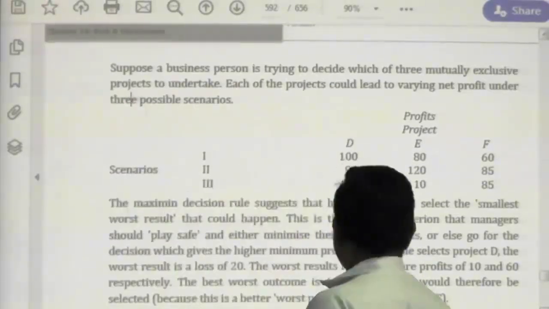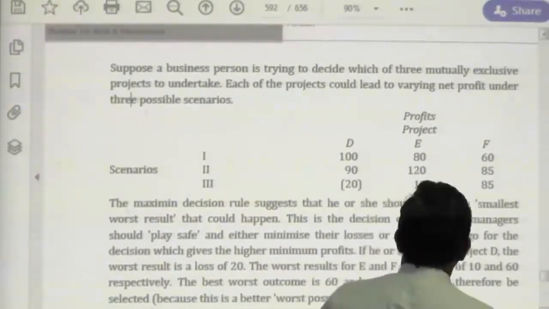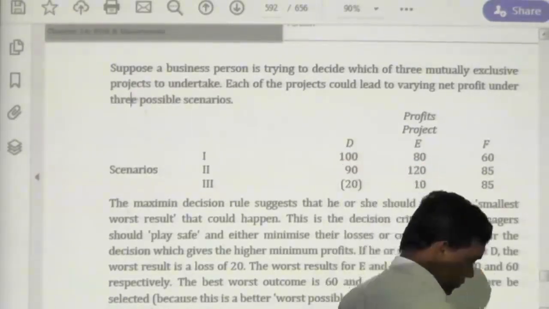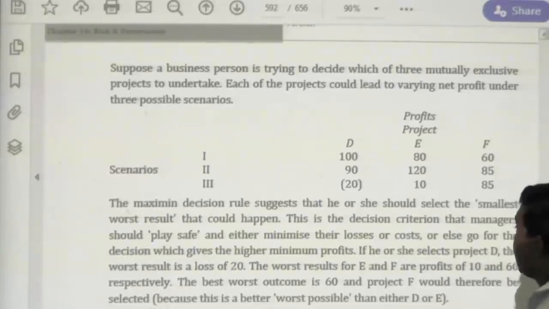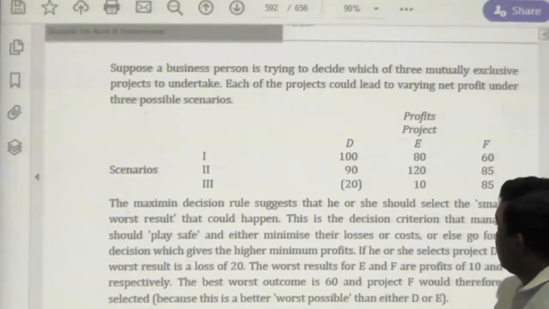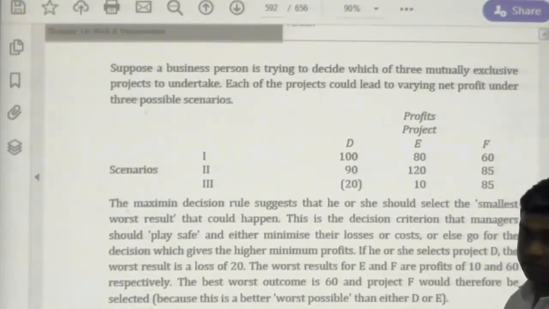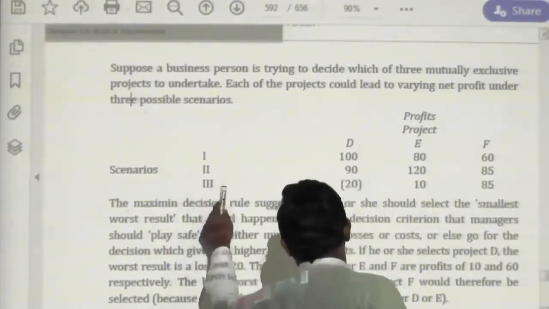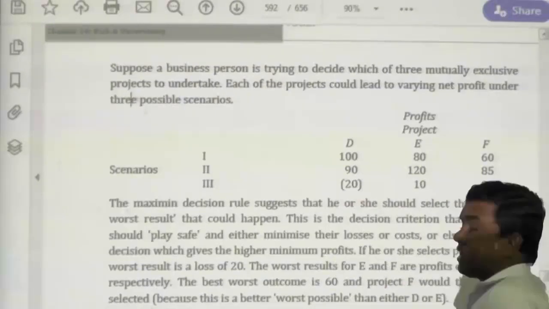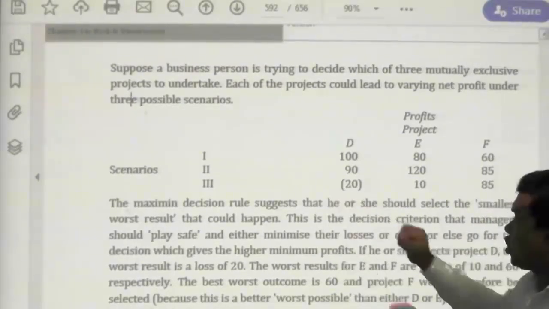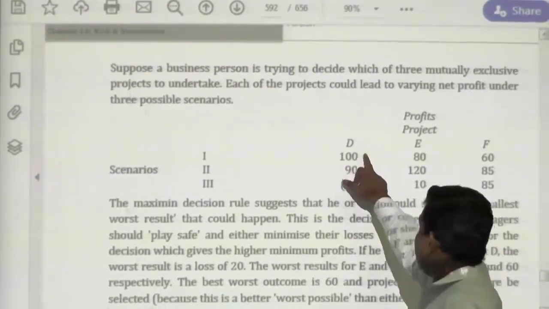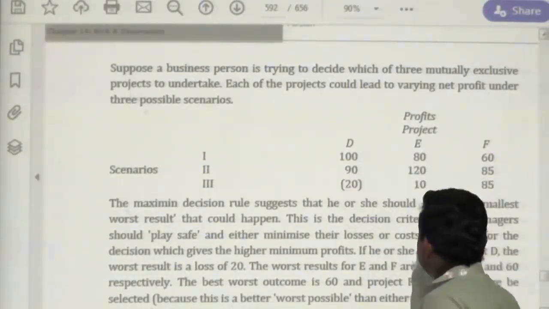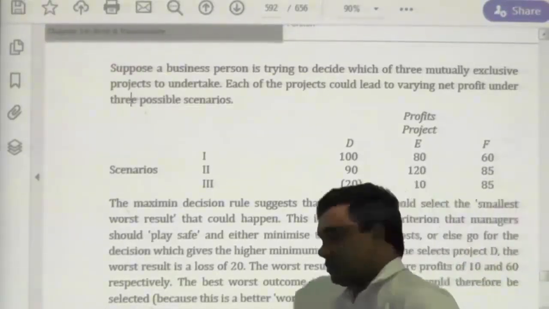Okay, let's take this example. Now we have 3 projects, D, E and F. We have to select one project. Not only that, we have 3 economic conditions: pessimistic, most likely and optimistic. All these 3 projects will give different net profits under the 3 economic scenarios.